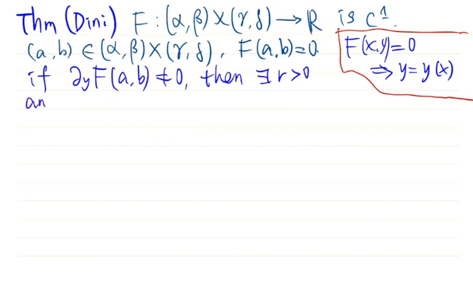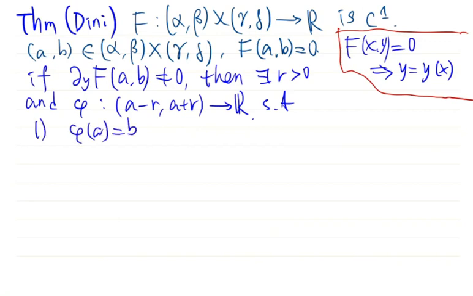function phi defined in an r-neighborhood of a, such that the following properties are satisfied. The first one is that phi(a) is b.